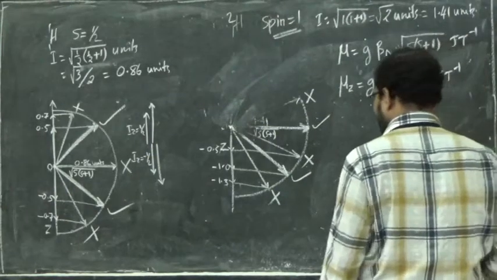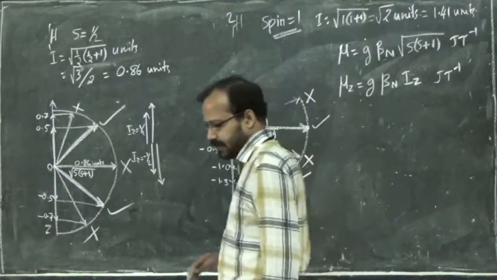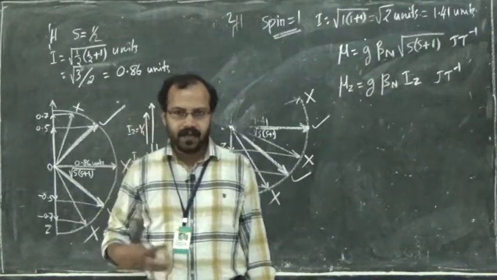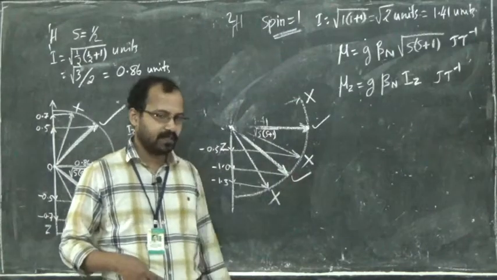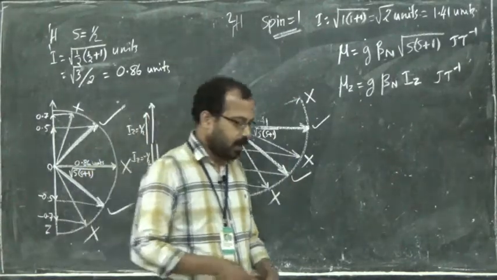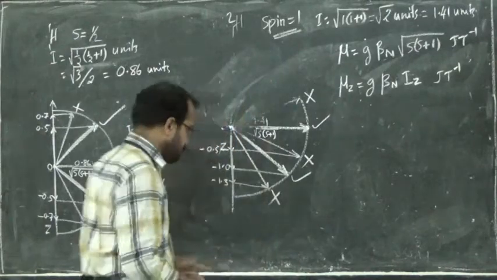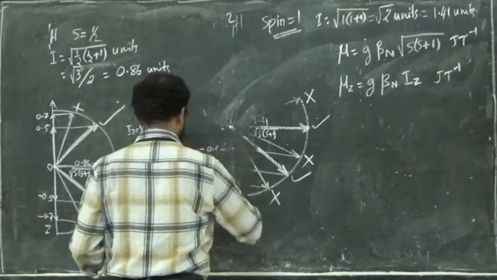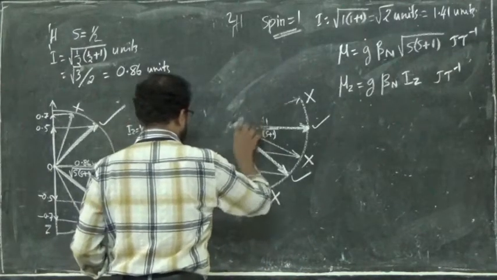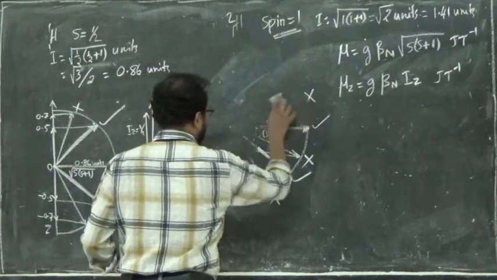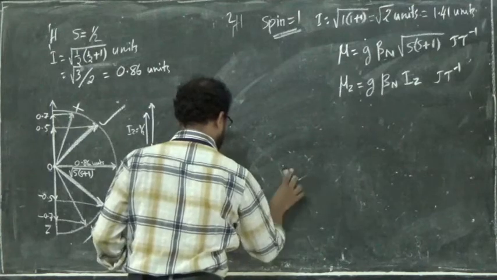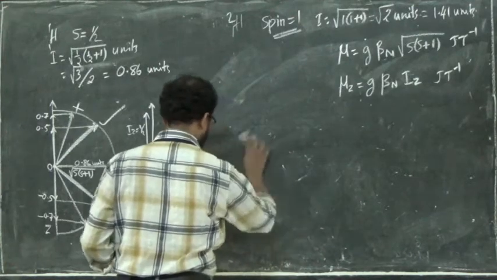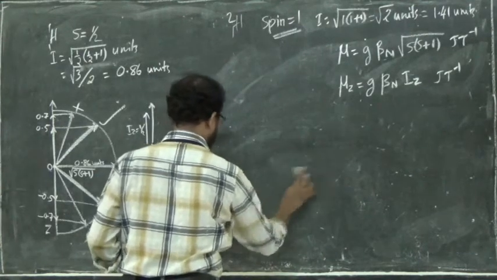Now, let us consider that the nucleus is placed in an external field, and the external field has the direction of Z. I am going to explain this in more detail, because otherwise it would be confusing for most students.